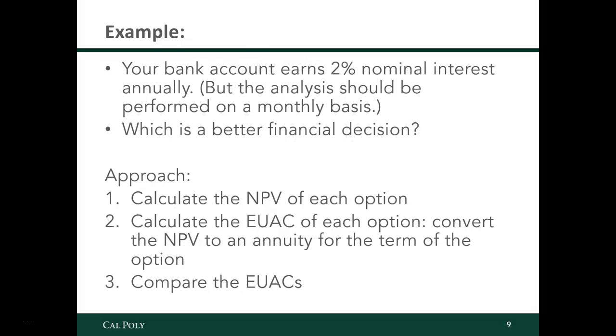So here's some more thoughts. Your bank account earns 2% nominal interest annually. So this is the interest you should use in your problem, because ultimately this is your other investment option. There's always an option C, in which case you hold your money in a bank account. It's part of all these options, right?